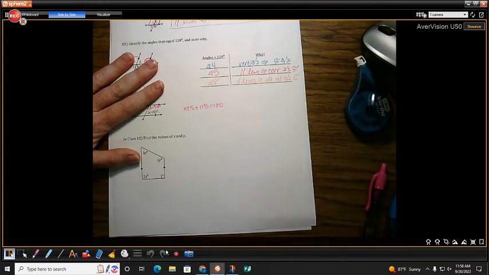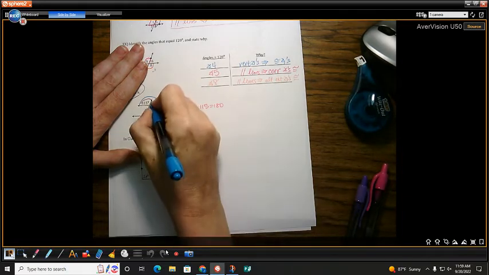What's a different way I could have set it up? Look at this. How are these two guys related? They're a linear pair, which means they are adjacent and supplementary, which means how big would this blue guy be?